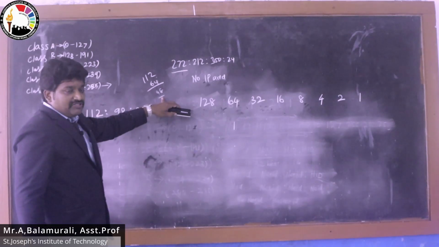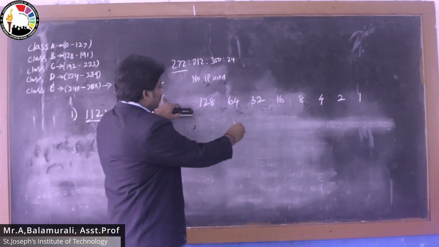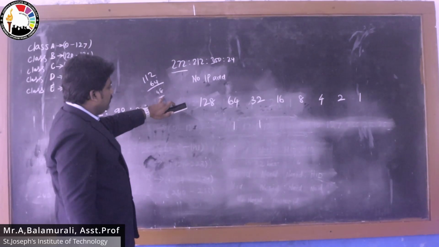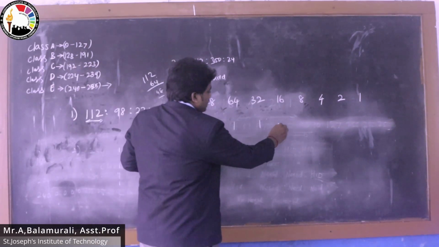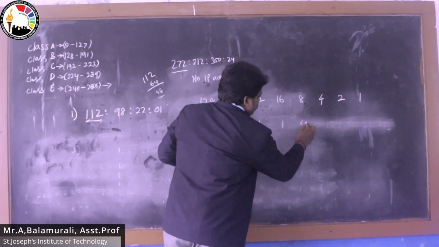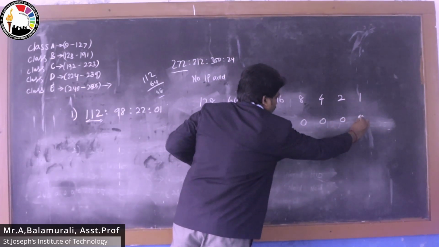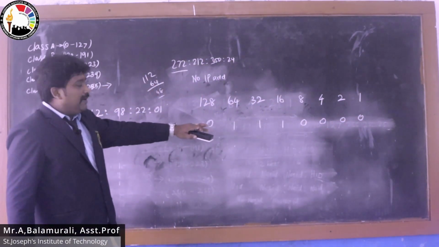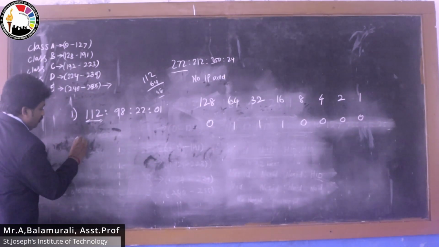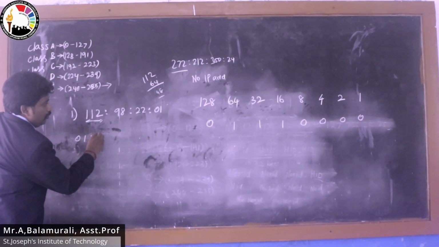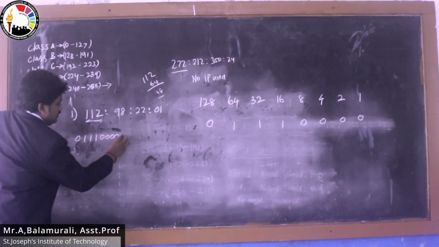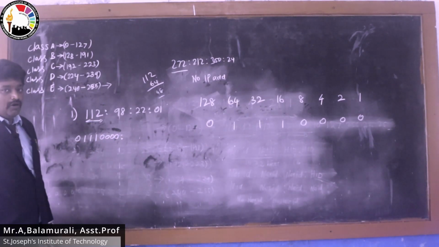Which one is the nearest to 48? 32. So you mark 1 here. 48 minus 32 leaves 16. So here you mark 1. Remaining all the bits you mark 0. Okay, so this is the binary value for 112: 0, 1, 1, 1, 0, 0, 0, 0.